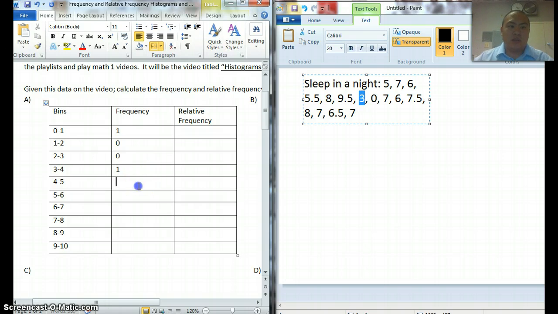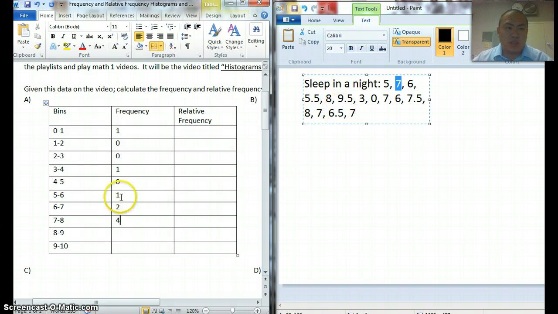Okay, 4 to 5, I don't see any. I see a couple of 5s, but 5 doesn't fall into this category, it falls into 5 to 6. For 6 to 7, I have 2 6s, and then all these 7s, 1, 2, 3, 4, fall into 7.